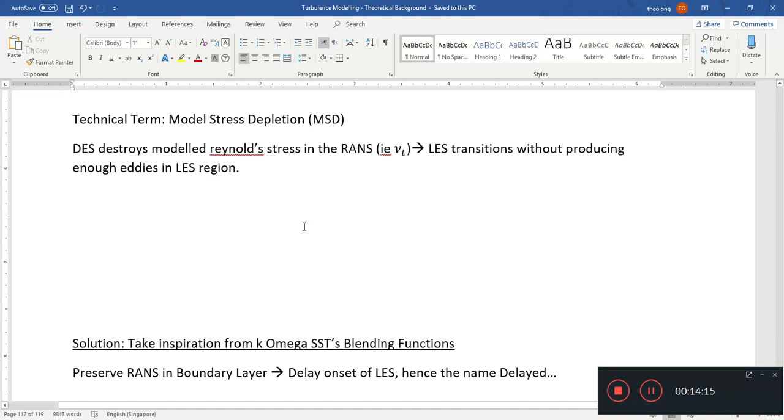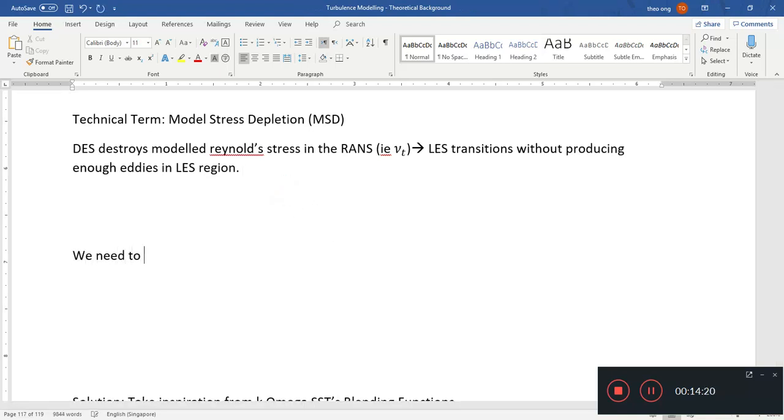We need to stop, or the proper term is, delay onset of LES within the boundary layer.